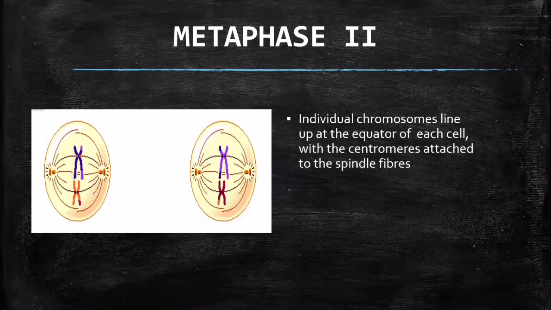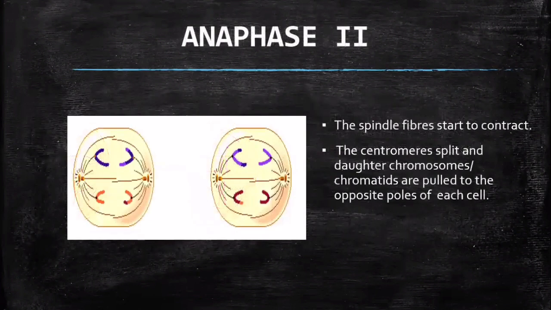Okay, and they're still the spindle fibers, they're still attached to the centromeres. Now moving to the next phase of meiosis II, which is Anaphase II. During Anaphase II, something similar to anaphase of the mitotic division occurs.